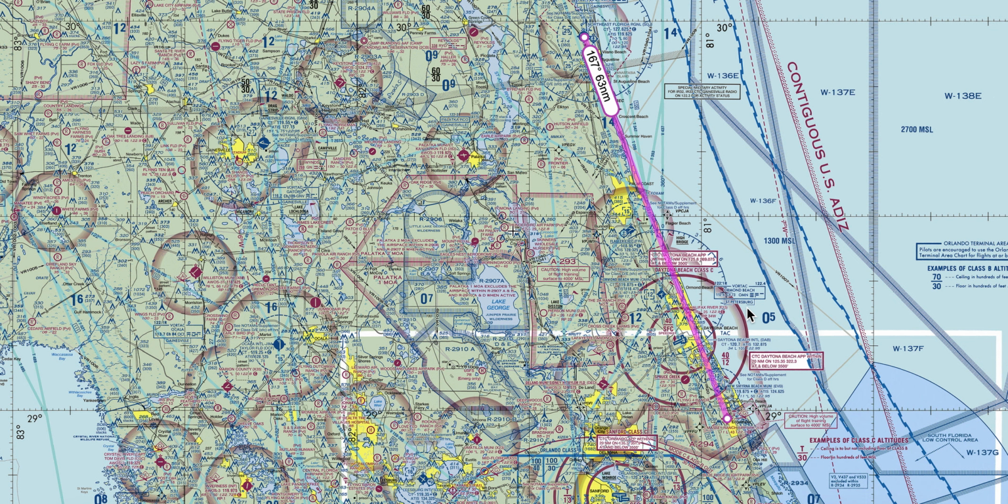Now, there are 2 ways that I like to get my weather. The first one is a self-brief using aviationweather.gov. That is what we are going to use today. The second one is using Flight Service Station.